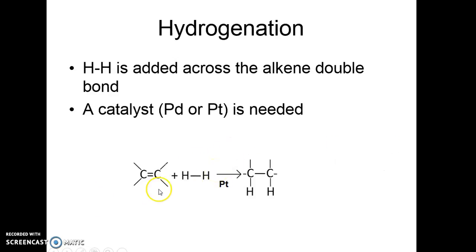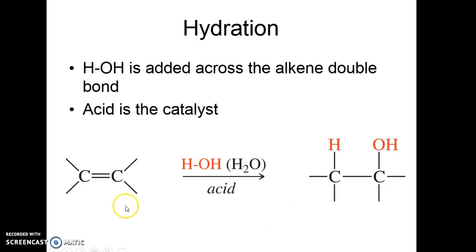And do note that one of the double bonds is cut, so this bond is cut, and the hydrogen then gets attached to that carbon. Same thing here. One of the double bonds is cut, hydrogen on one carbon and hydroxyl on the other. And you can see we make an alcohol. We go from an alkene to an alcohol in hydration.